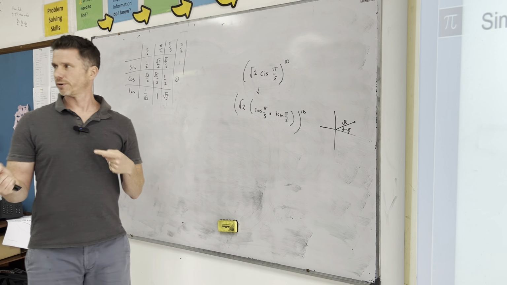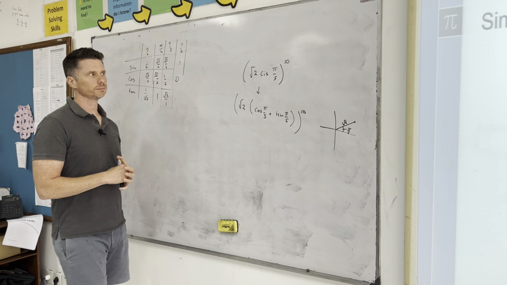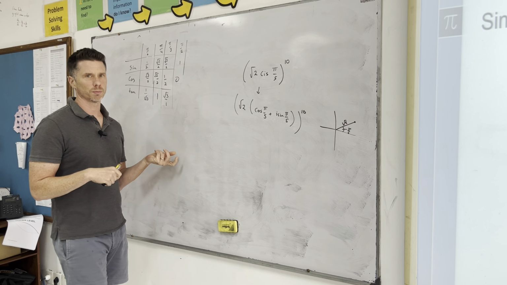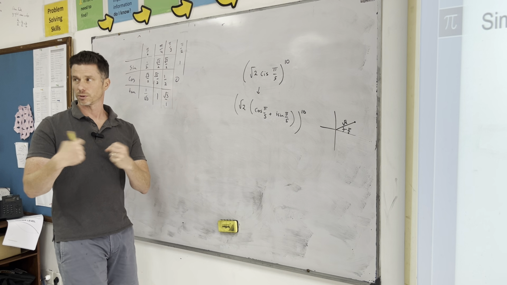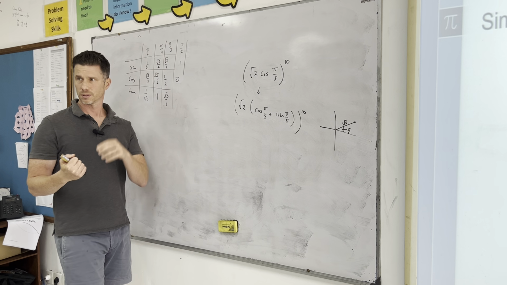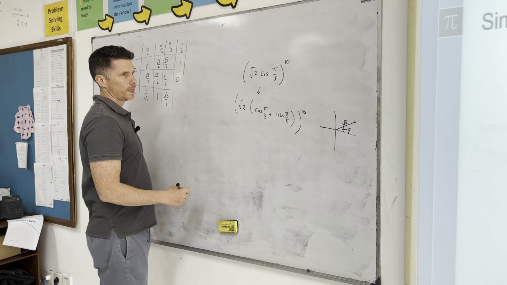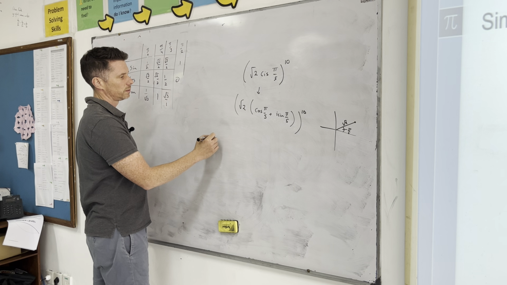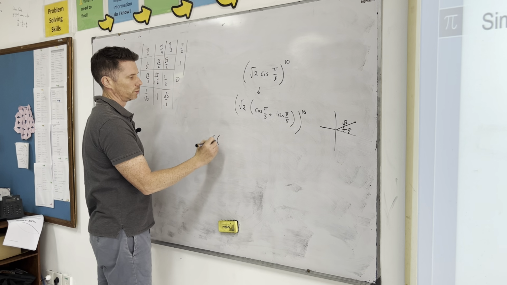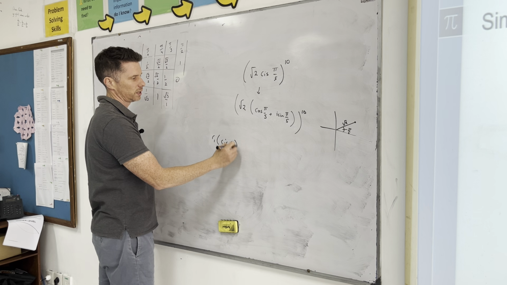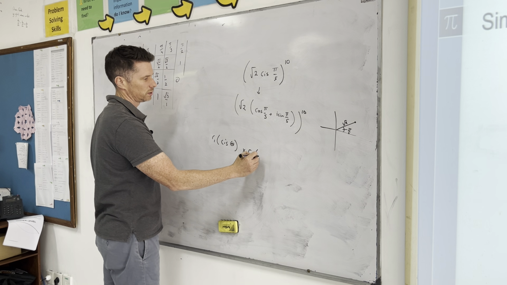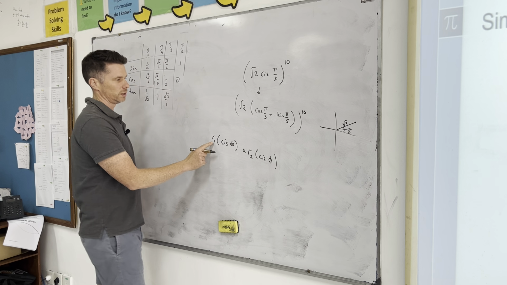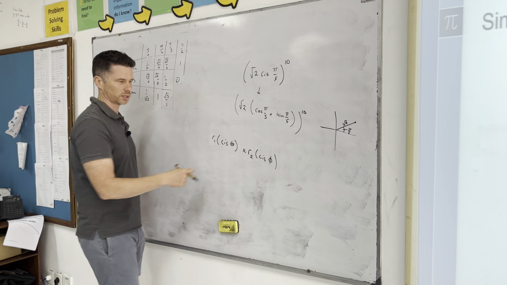But I can now use the fact that I know how to multiply complex numbers to my advantage. To multiply two complex numbers, I multiply the moduli. If I had Z1, R1 cis theta, multiplied by R2 cis lambda, we end up multiplying the moduli and adding the arguments.